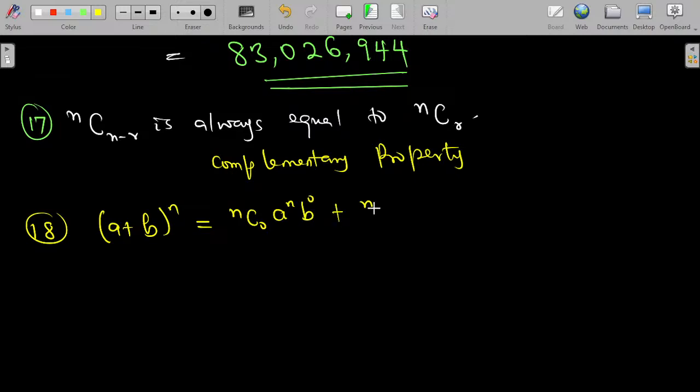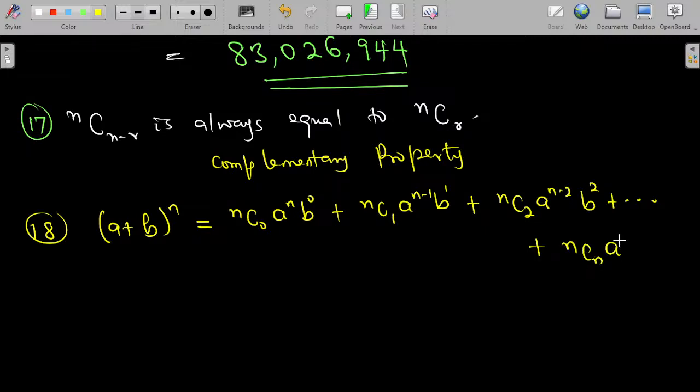Plus you go to n combination 1, and then your a would take power n minus 1, and your b would take power 1. And then the third one is n combination 2, and your a would take power n minus 2, and your b would take power 2, and so on and so forth, until you get to n combination n, and then your a will take power n minus n, which is 0, and your b will take power n.